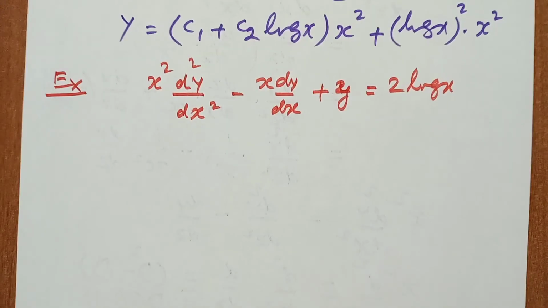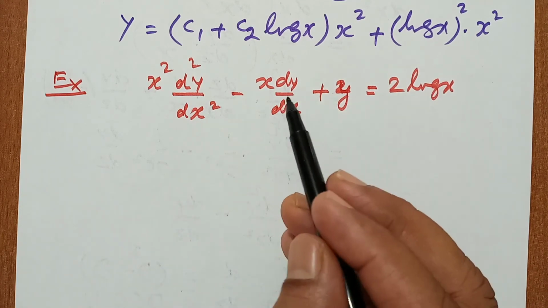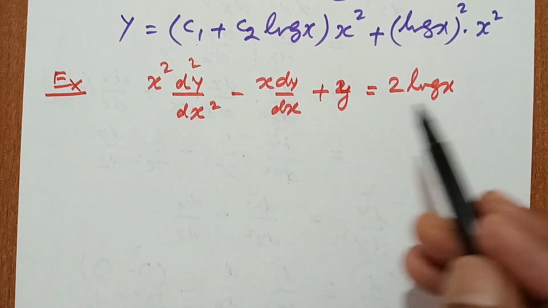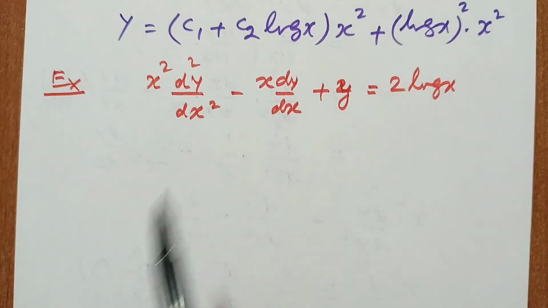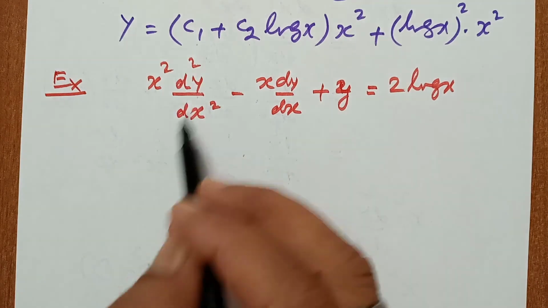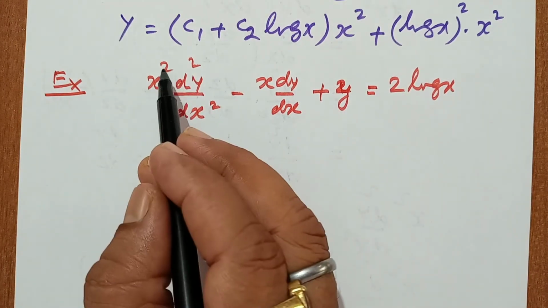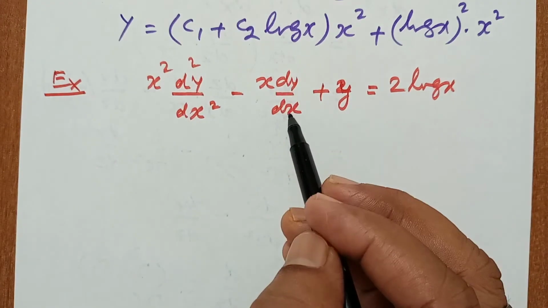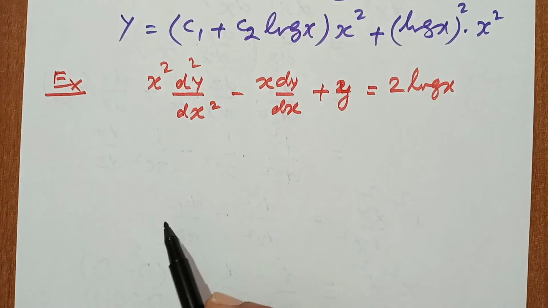Next, a very important example: x square d2y upon dx2 minus x dy by dx plus y is equal to 2 log x. First, look very carefully at the given differential equation. Since the order of derivative is 2 and the power of x multiplication is also 2, and for dy by dx it is 1, this is a homogeneous linear differential equation.